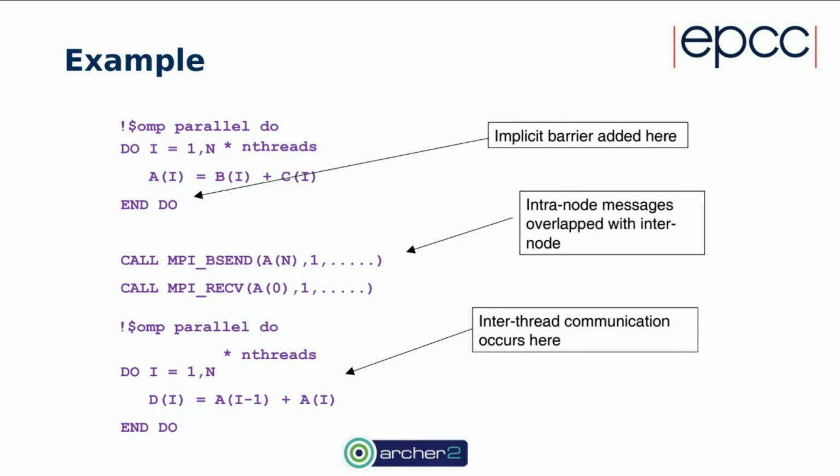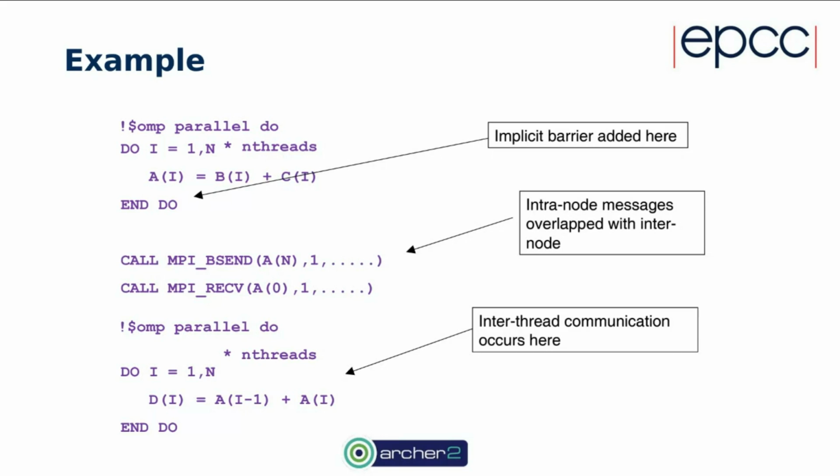And in the original MPI version, when we were doing these MPI sends and receives, some of those messages were going between nodes, but most of them were probably going inside a node.